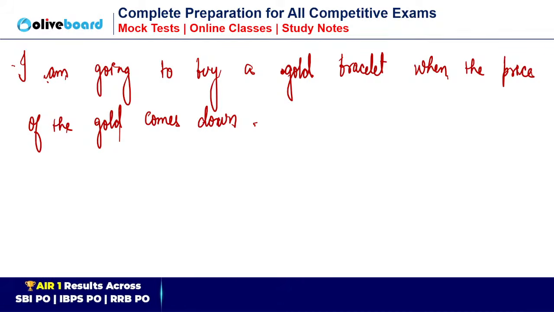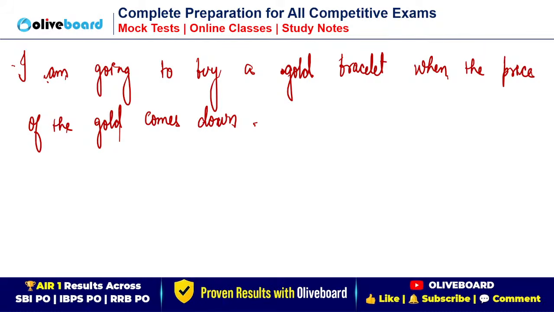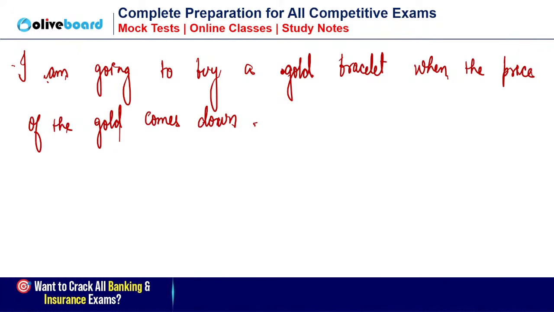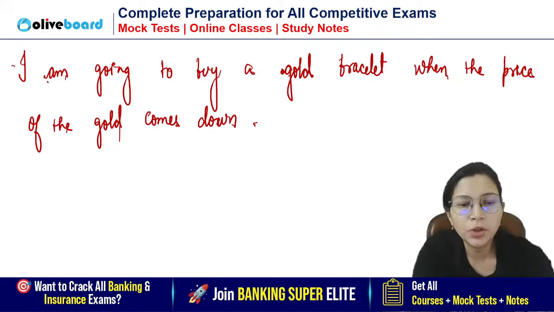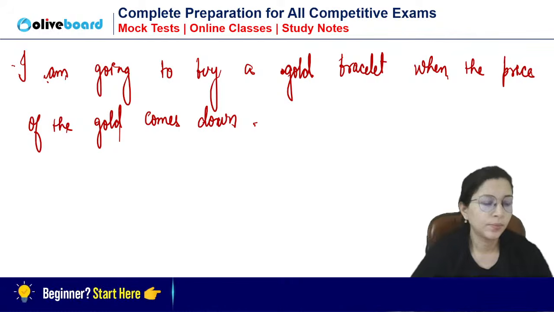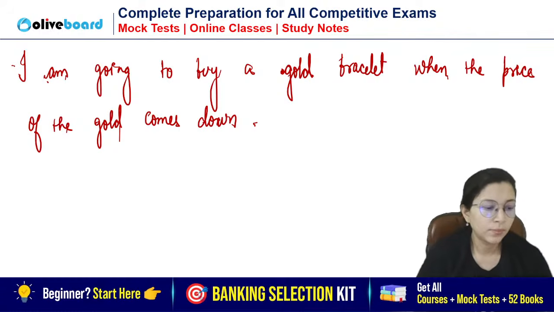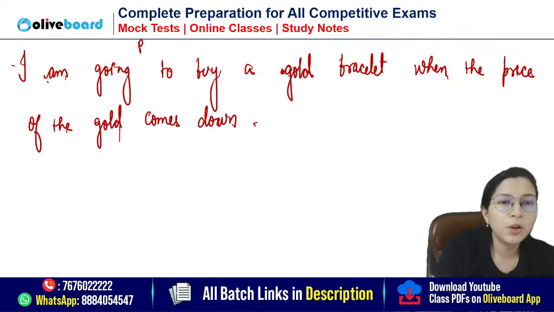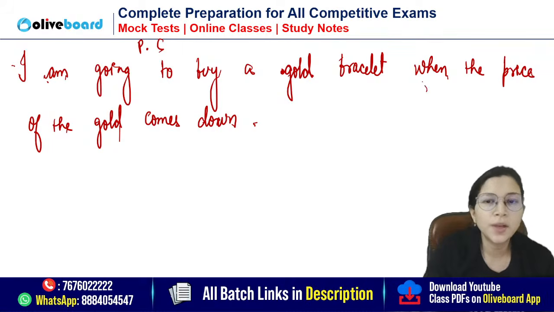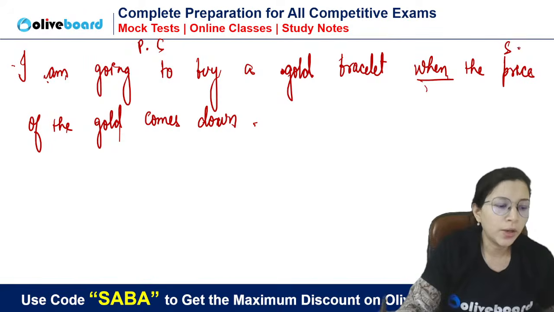First of all, tell me which one is principal, which one is subordinate. Which clause is the principal clause here and which clause is the subordinate clause here? The first clause is the principal clause, very good. And the second, because when is a conjunction, this is the subordinate clause.